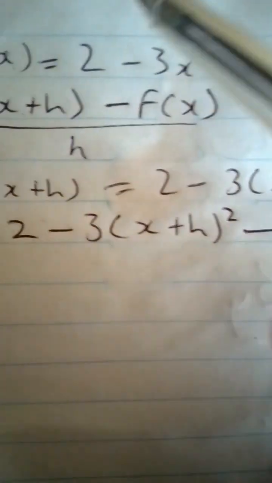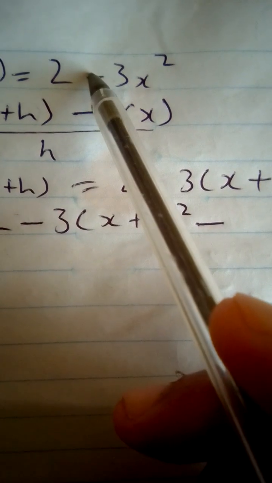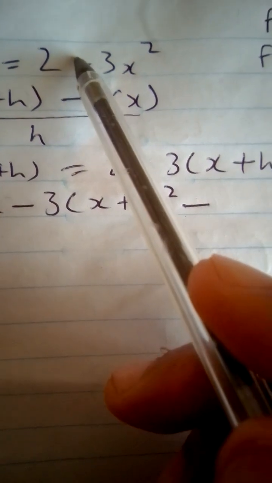Okay, so now let's transpose it. This is going to be 2 minus 3 into x plus h. We will simplify this later when we continue. Minus f of x. What is f of x here? Here is f of x. It is 2 minus 3x squared. So don't forget the negative sign here.